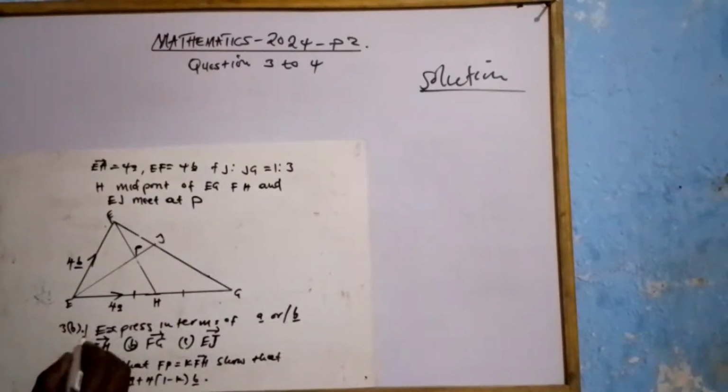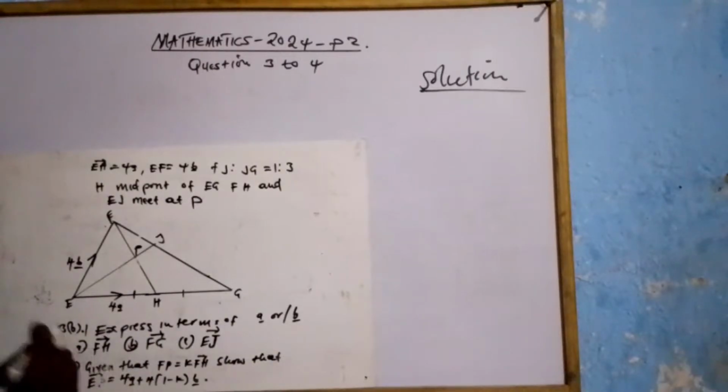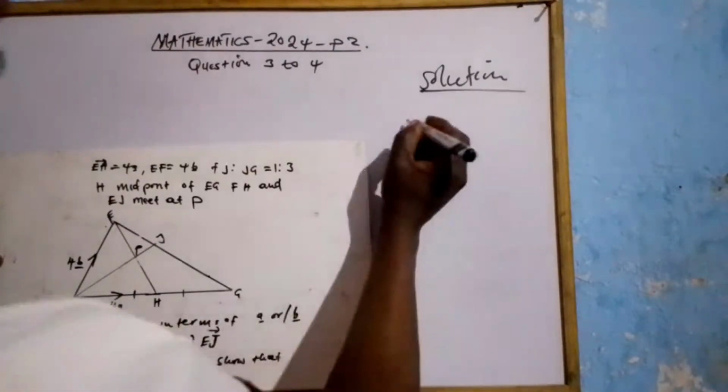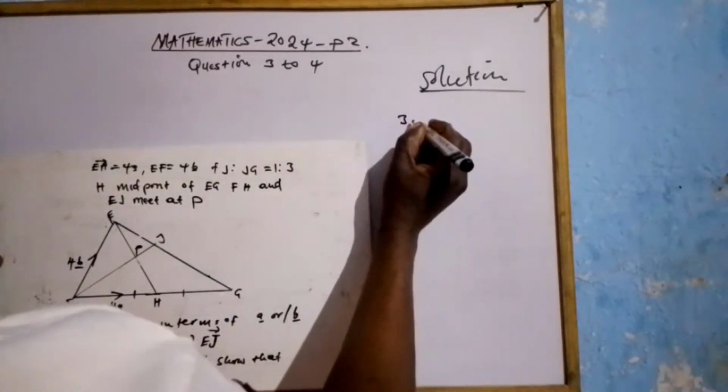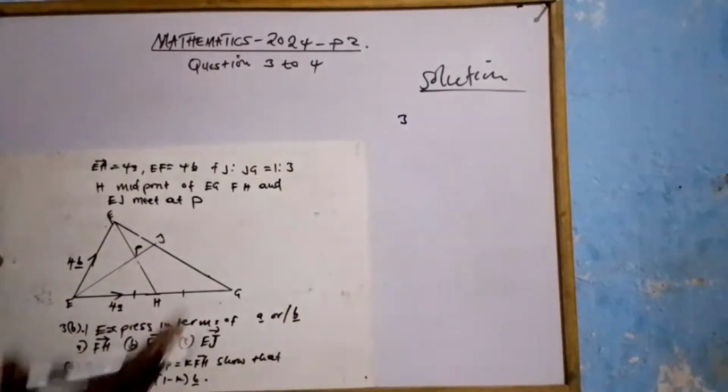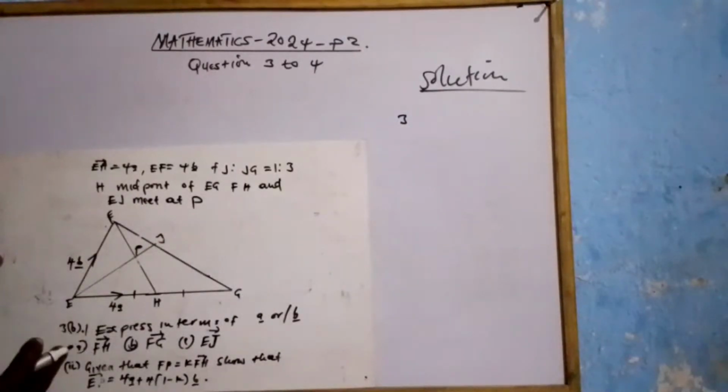This is question 3b. For part a, it has a flowchart, which we are going to answer in the next video. So we have to find FH. This is the 3, and when answering, make sure you follow the numbers.